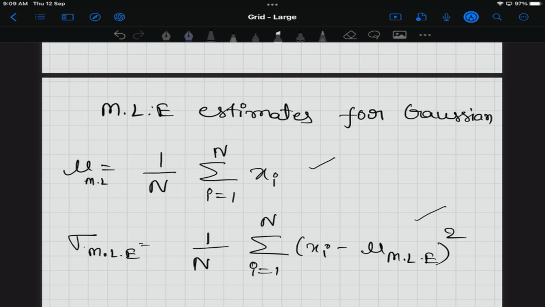It is not always true that the parameter you estimate equals the sample mean or sample parameters. There can be more complex distribution functions where this will not hold. So is it always equal to the sample mean? No, it holds for a few distributions but not for all distributions.